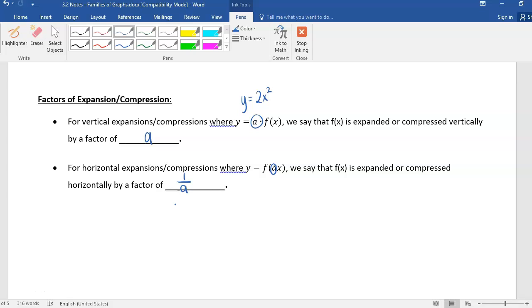It just flips whatever a was upside down. So for example, if I had y equals 2x squared like this, then my factor of compression would be 1/2.